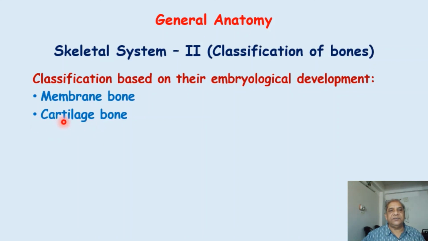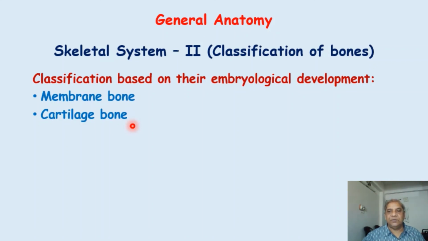The second kind of ossification is cartilaginous ossification. It means that here, after mesenchymal condensation, first the membrane is formed, and then this membrane changes into the cartilage, hyaline cartilage, and this hyaline cartilage is then gradually replaced by the bone.